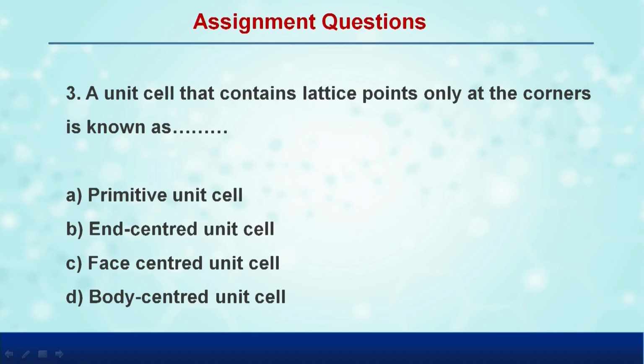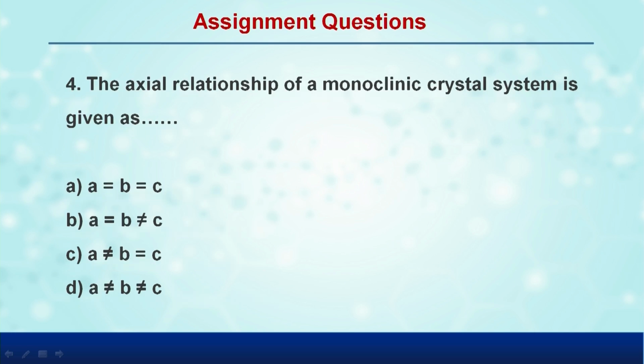Question number 3, a unit cell that contains lattice points only at the corners is known as option A, primitive unit cell, B, end centered unit cell, C, face centered unit cell, and D, body centered unit cell.